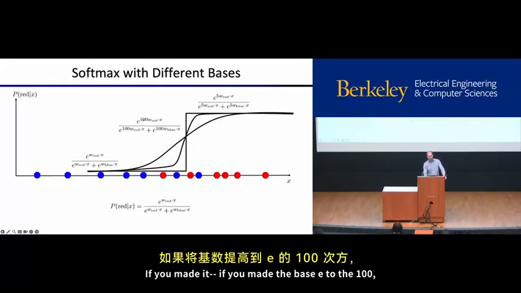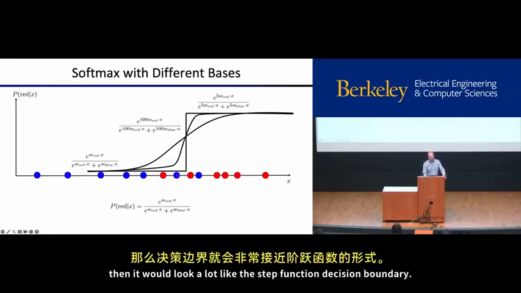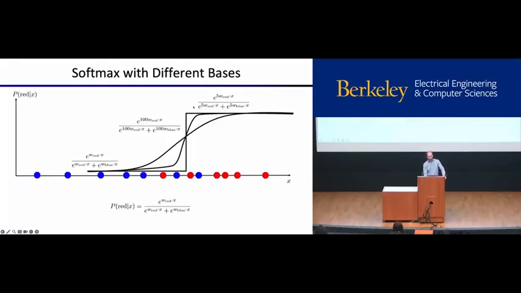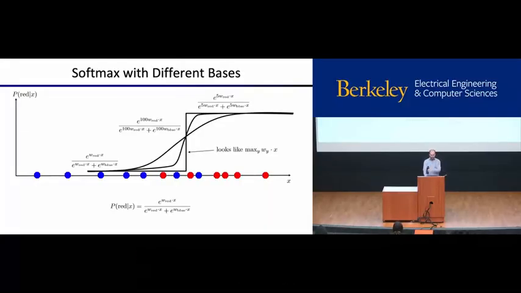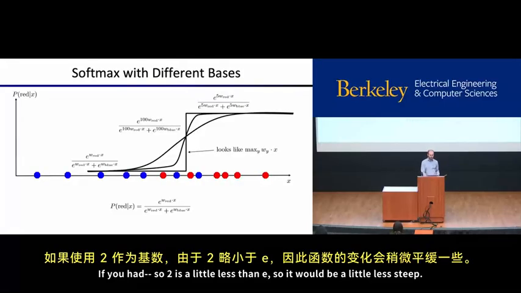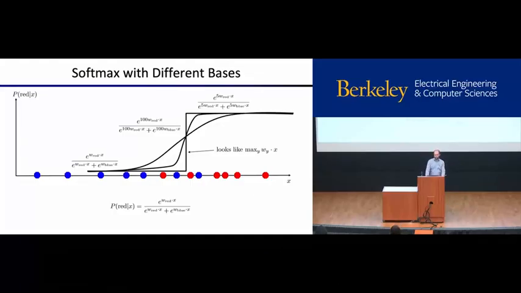If you made the base e to the 100, it would look a lot like the step function decision boundary, basically just looking like the maximum. 2 is a little less than e, so it would be a little less steep.